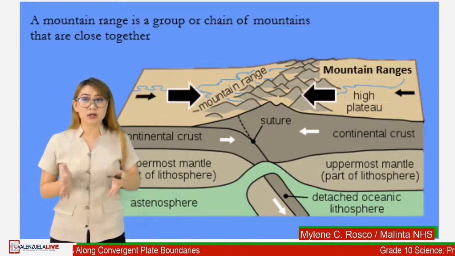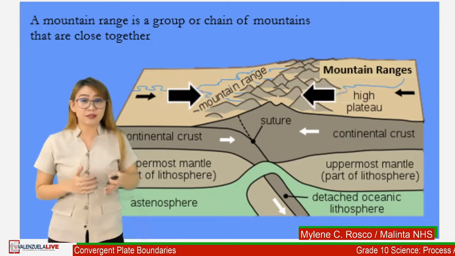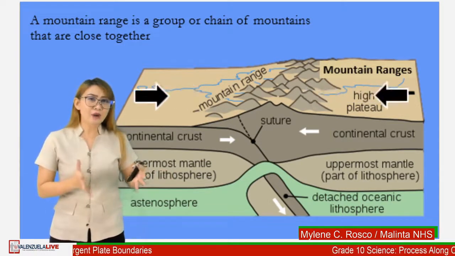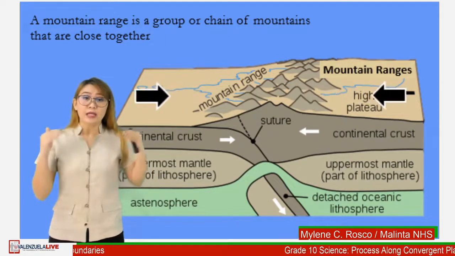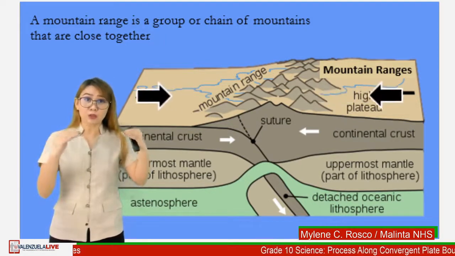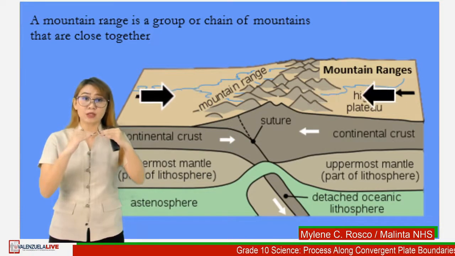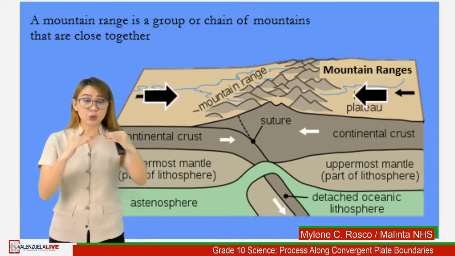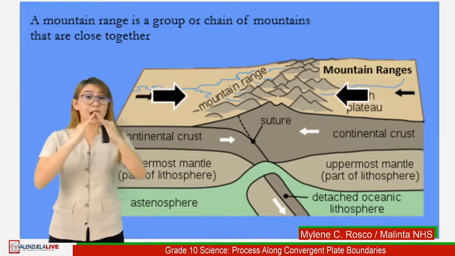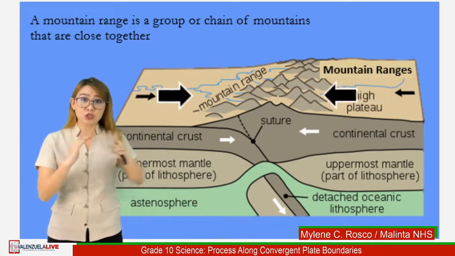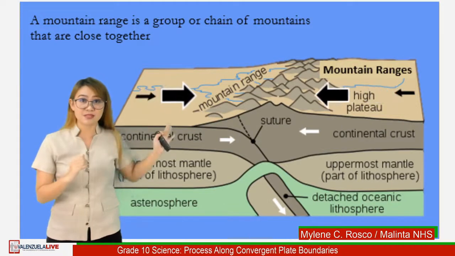Mountain ranges are groups or chains of mountains that are close together. Now, how are these mountain ranges formed? Since there is no subduction, in the collision of two continental crusts, the pressure, the force is pushing upward, causing the formation of the peaks of these mountains.